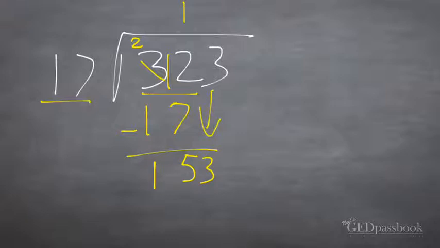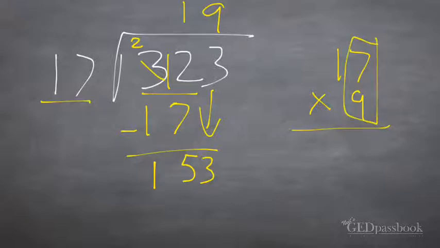How many times does 17 fit into 153? You're the one that used the calculator. You had the answer. 9. Check your answer. You could always check, remember, by multiplying it. What's 17 times 9?